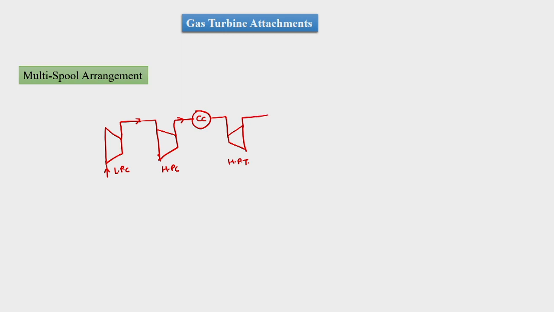From high pressure turbine it will go to the intermediate pressure turbine, and from intermediate pressure turbine the gas will go to the low pressure turbine.